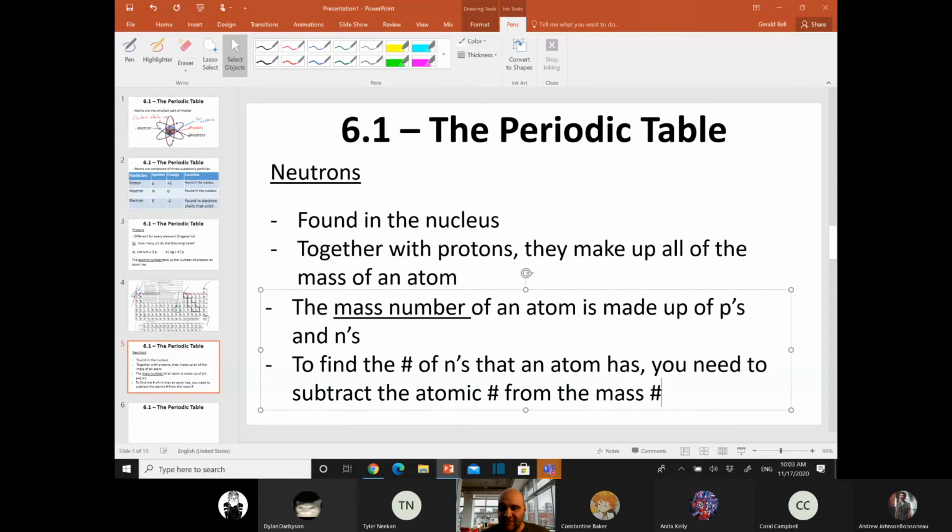We'll do that here in a second. I guess I had a lot more to say about neutrons. So to find the number of neutrons that an atom has, you need to subtract the atomic number from the mass number.